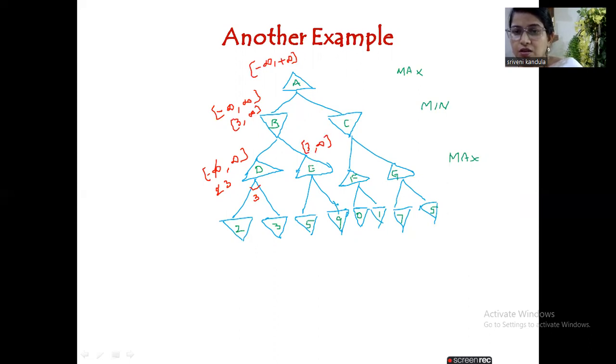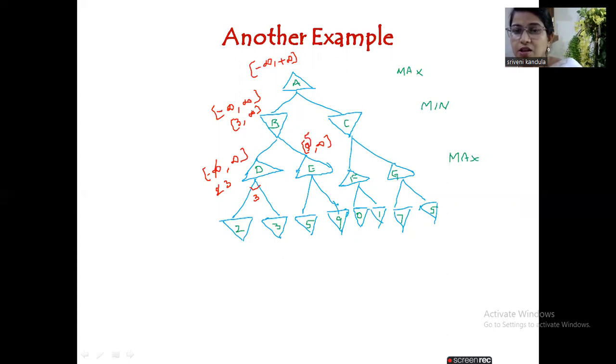Now, if you compare, here the value that we have is 5. This is a maximizing player, so we have to update the value of alpha. We will be updating that with a value of 5.